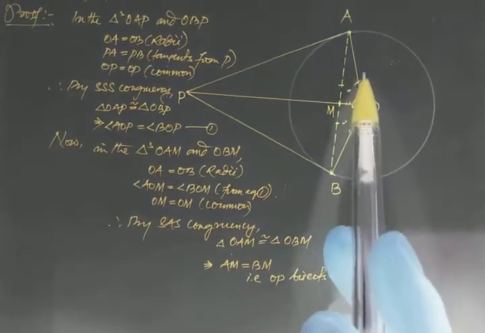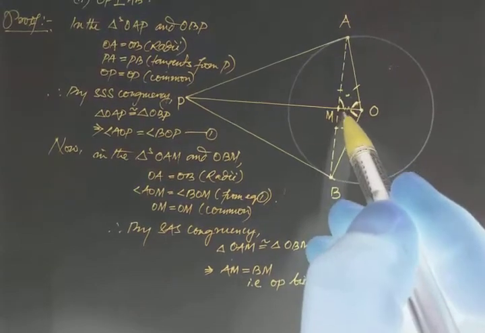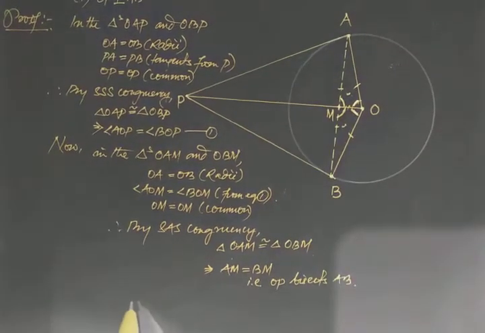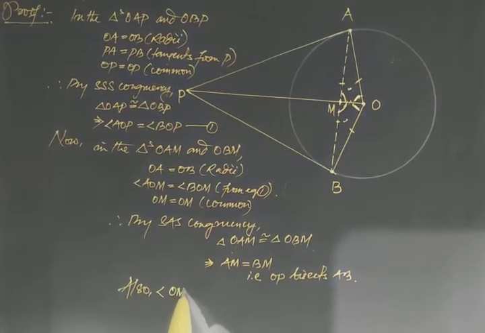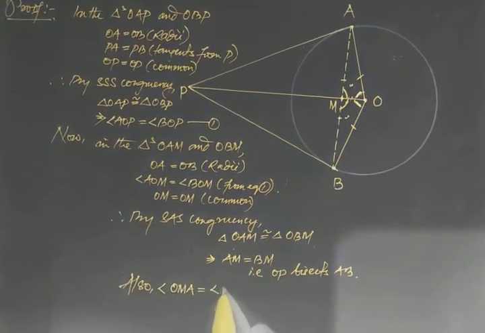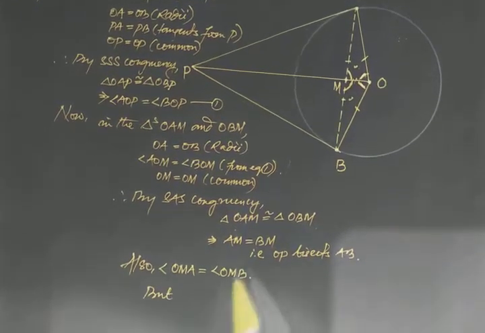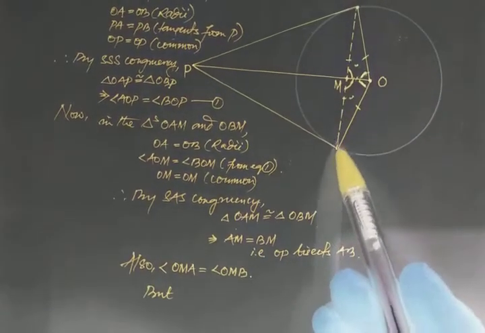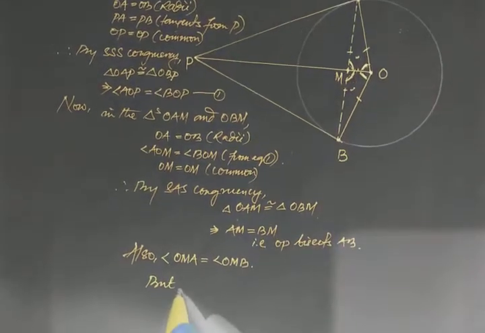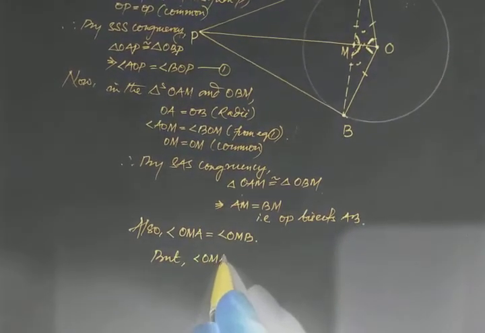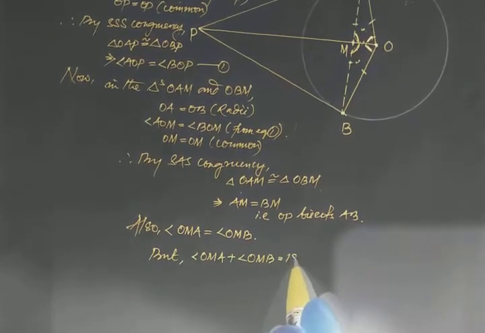And since triangles OAM and OBM are congruent, these two angles will also be equal. We can say also angle OMA will be equal to angle OMB. But if we look at this, AMB is a straight line, so these two angles together, the sum will be 180 degrees. Angle OMA plus angle OMB will be 180 degrees.